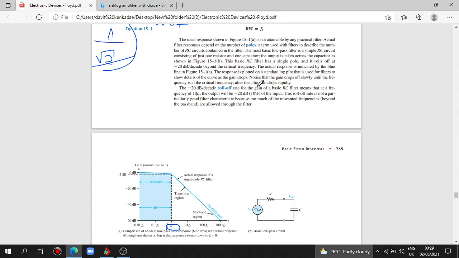With a single pole it rolls off at -20 decibels per decade beyond the critical frequency, following the actual response line. Notice that gain drops slowly until the critical frequency. After this, the gain drops rapidly.